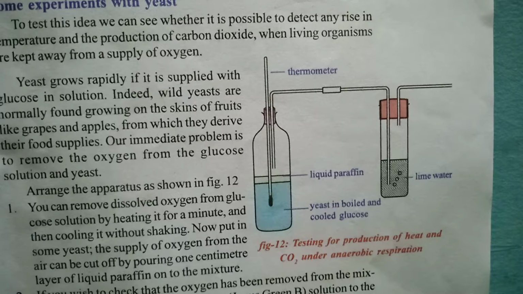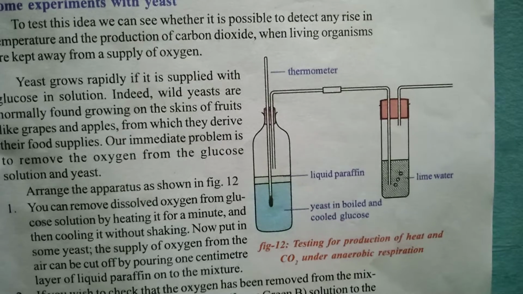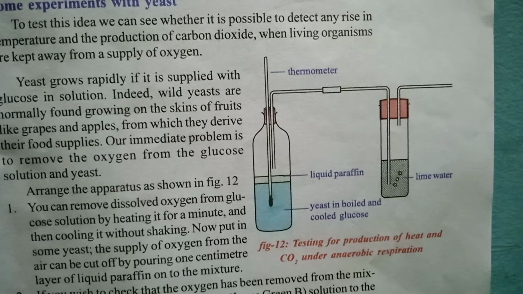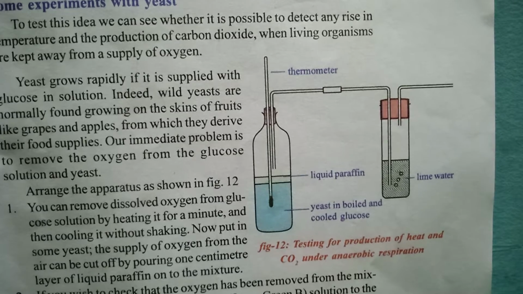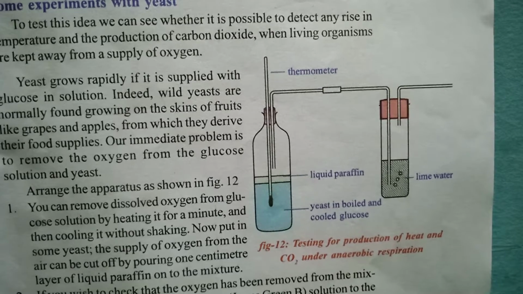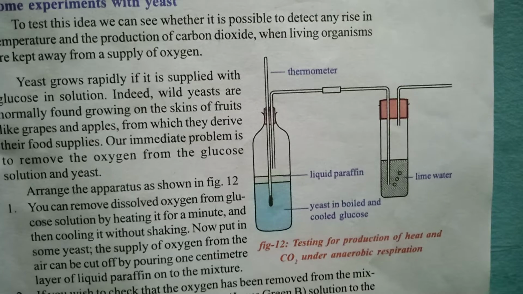Now I am telling you how to do this activity, the procedure. First we need to take glucose solution. Here yeast cells are the organism we are taking. The aim of the activity is to know whether organisms can survive and perform respiration in the absence of oxygen or not.